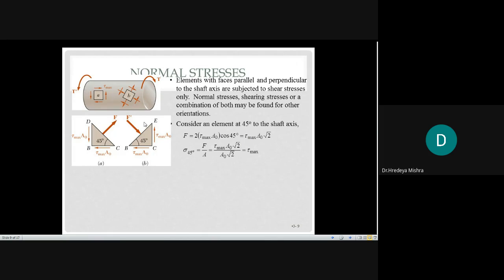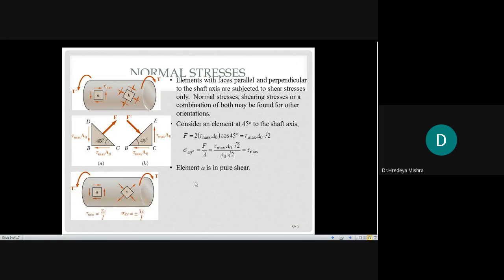At 45 degrees, whatever stress is produced is equal to the maximum shear stress produced in the shaft. So element A is in pure shear. Tau max equals Tc upon J, and sigma at 45 is plus or minus Tc upon J, equal in magnitude.